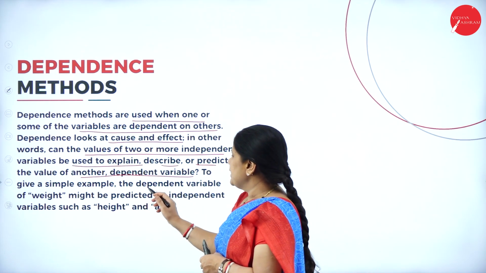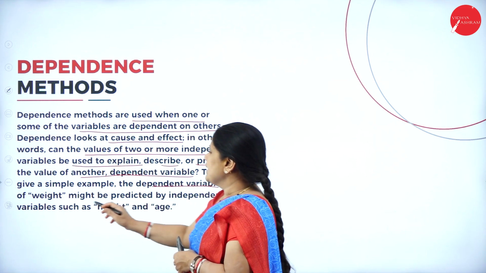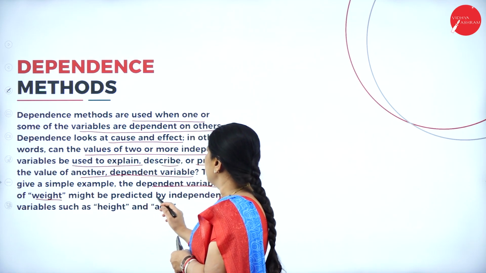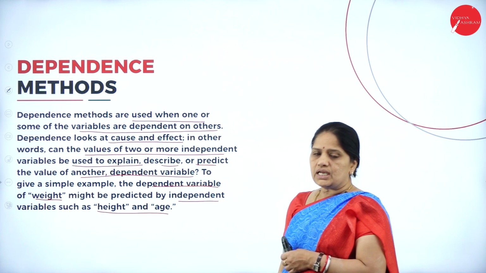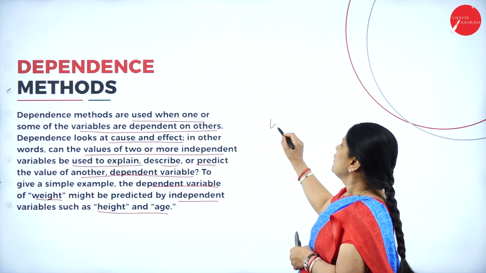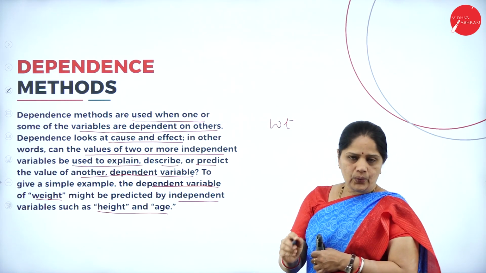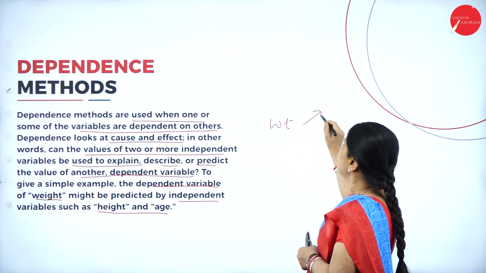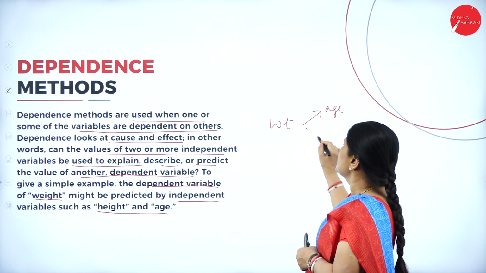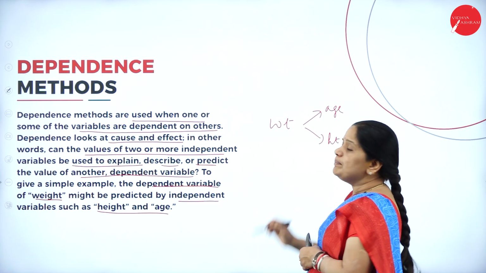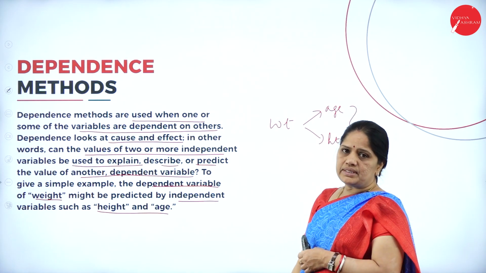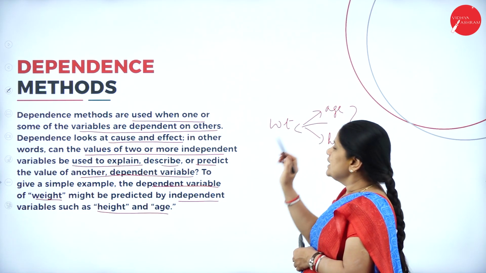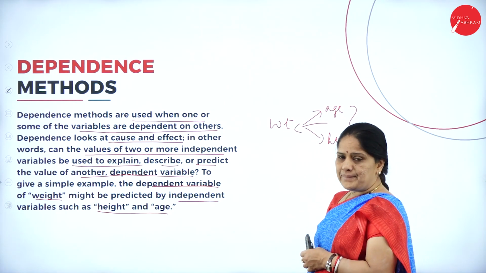To give a simple example, the dependent variable of weight might be predicted by independent variables such as height and age. Suppose you have to predict the weight of a person. The weight of a person depends on the age of the person and also the height of the person. So, these two are the independent variables based on which we can predict the weight of the person.